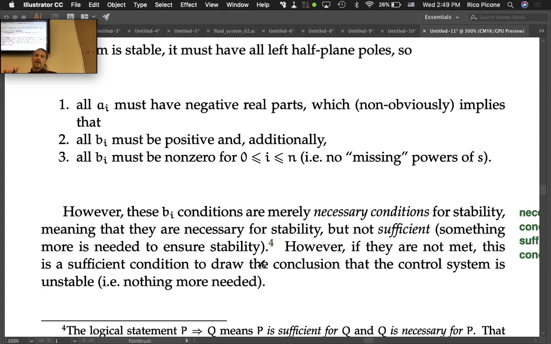If you're curious about necessary and sufficient conditions in logic, check out that footnote. It's a very wonderful exposition on that concept, and it's a really important idea in logic. If something is a necessary condition and it is not the case, then there's no way the conclusion can be true.